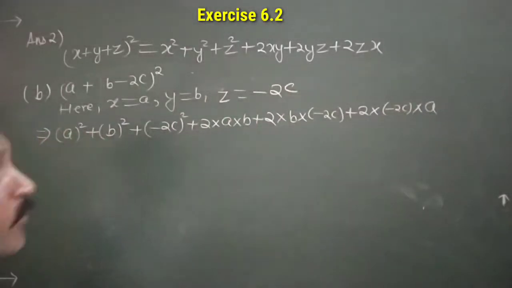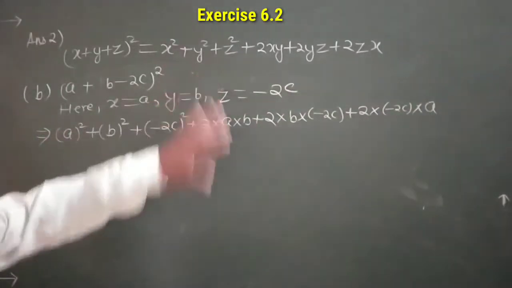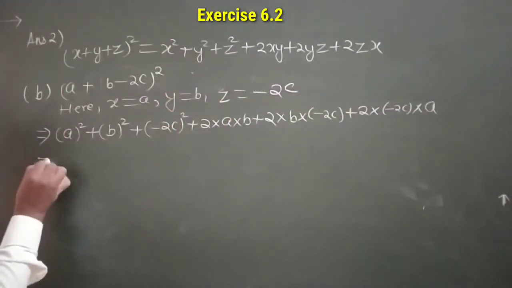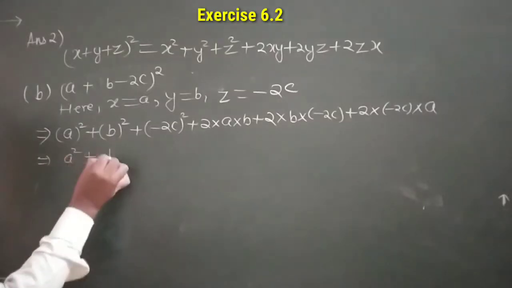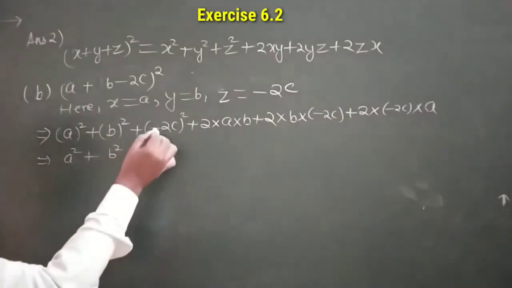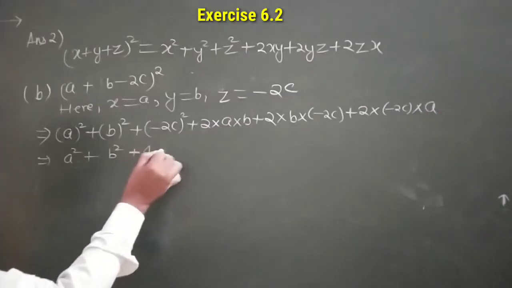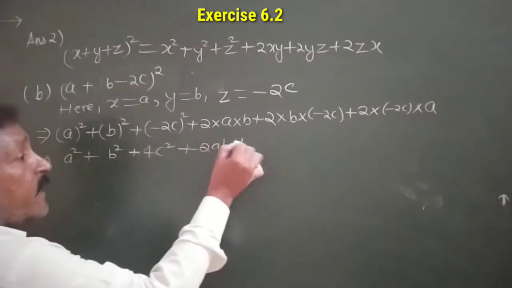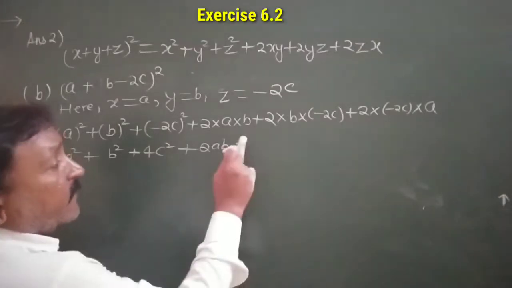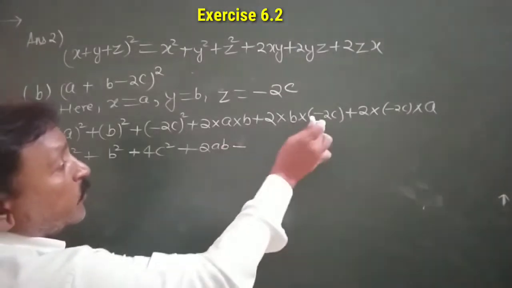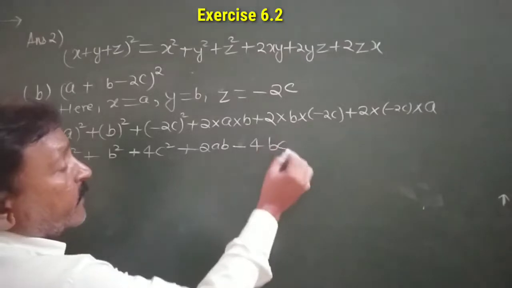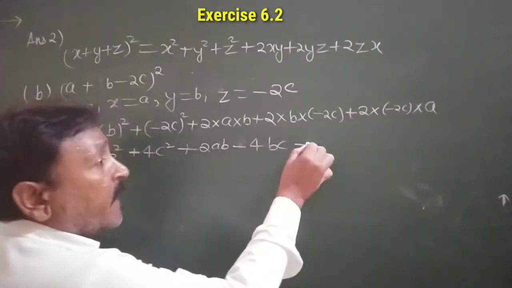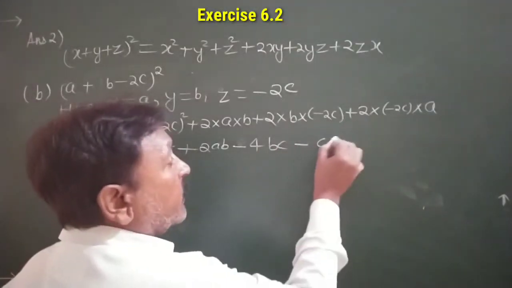So you have to just substitute the values in place of x, y and z. Now solve it. A square plus b square plus 4c square, plus 2ab, plus minus, it will become minus 2 twos are 4bc, plus minus minus 2 twos are 4ca.